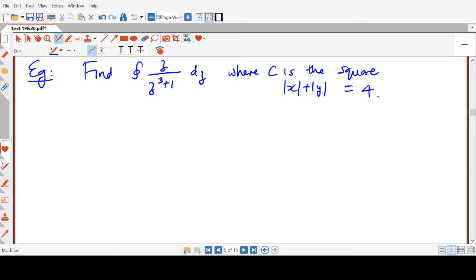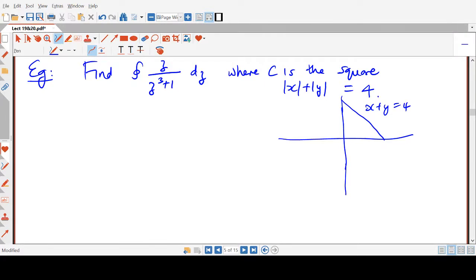Before you actually start computing something, you have to analyze what the given stuff is. Firstly, let's take both x and y being positive: x plus y equals 4. That'll give you a piece of line like this. Let me draw it bigger. So you get a piece of line like that.